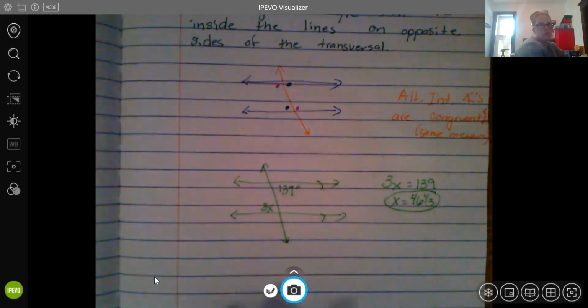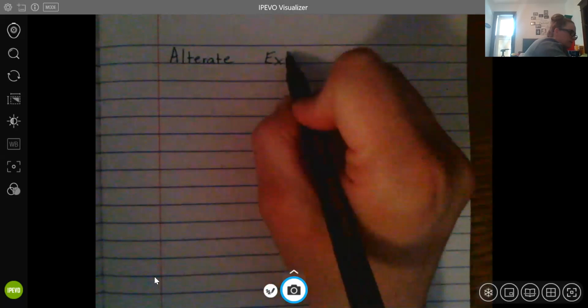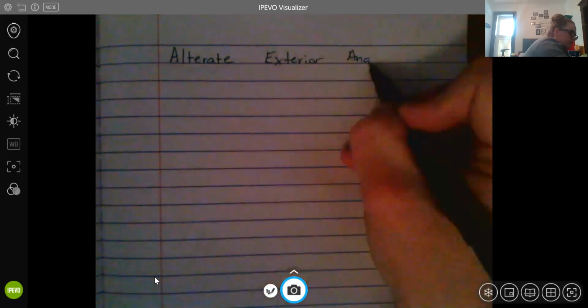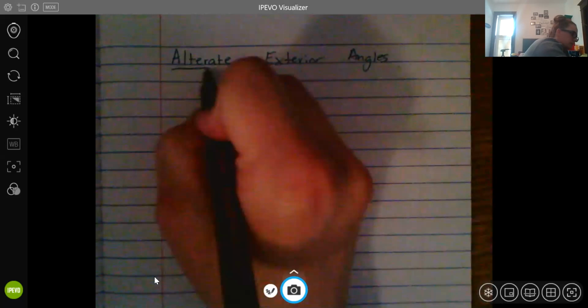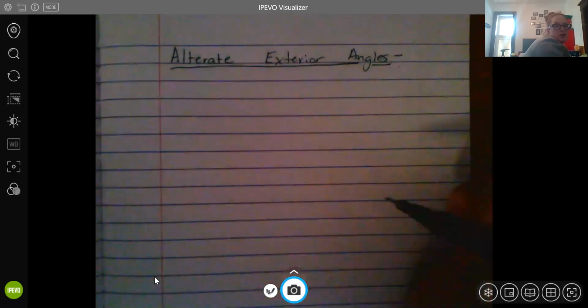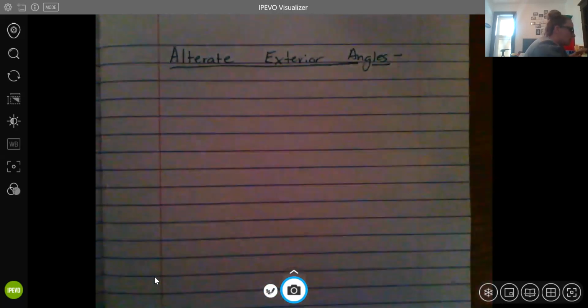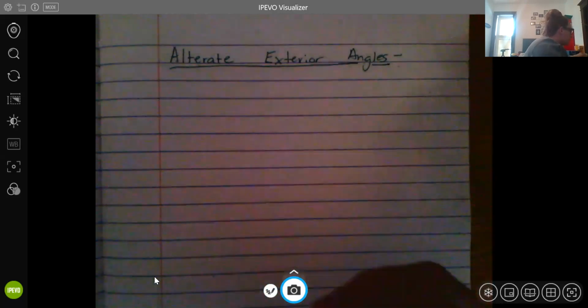All right, so we have two more types of angles that we see when we have our transversals. So our next one is going to be alternate exterior angles. So very similar to alternate interior angles. Just like alternate interior angles, we're on opposite sides of our transversal, so are these ones, except these ones occur outside of my parallel lines, or my sets of lines.